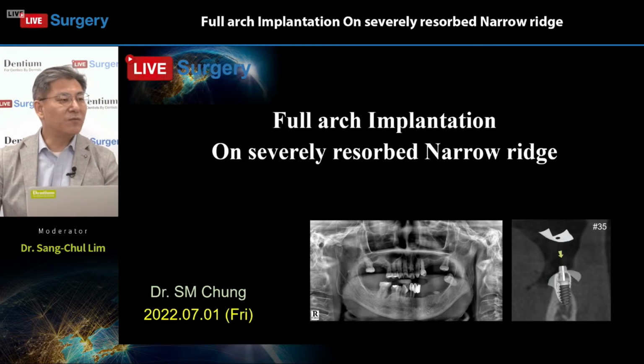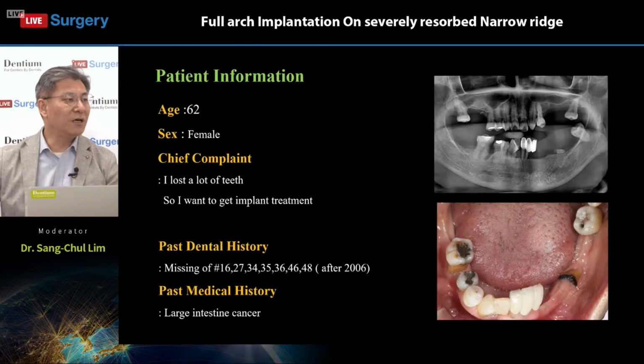Today's case, as I already mentioned, is full arch implantation on a severely resorbed narrow ridge. About the patient information: this is a 62-year-old female patient, and her chief complaint was, "I lost a lot of teeth already, so I want to get new ones."